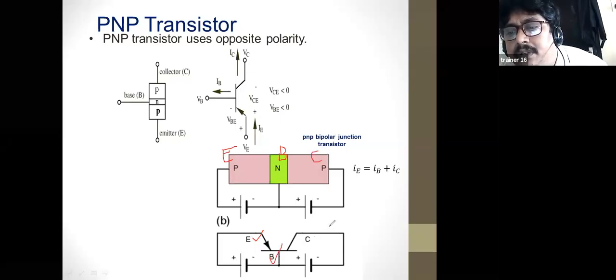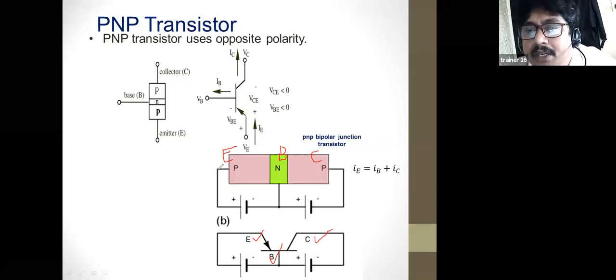See here, similarly in the emitter, the current flows towards the N type. Here the emitter is P type, and the current flows towards the N type. That means there is a negligible current, because the P type carriers are holes, so that's why it is less than 0.